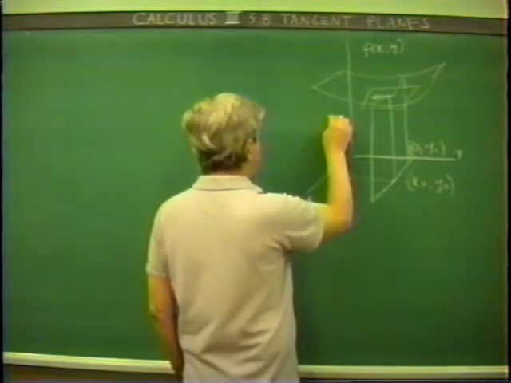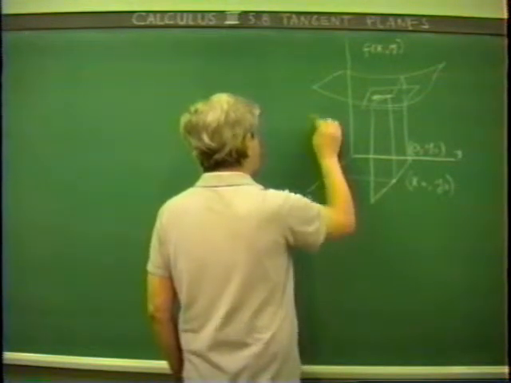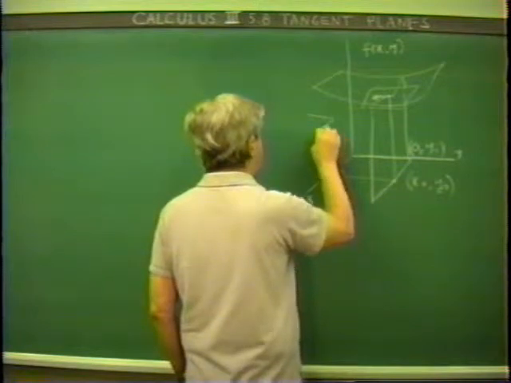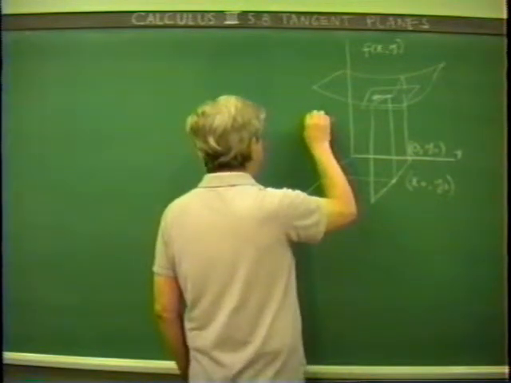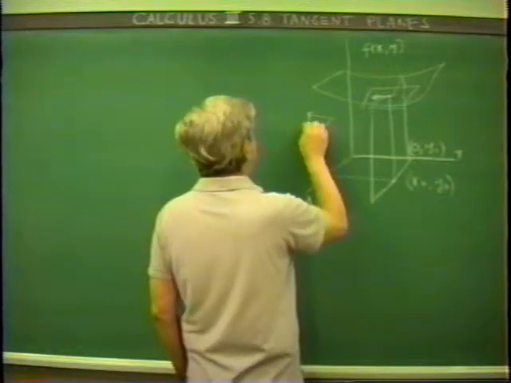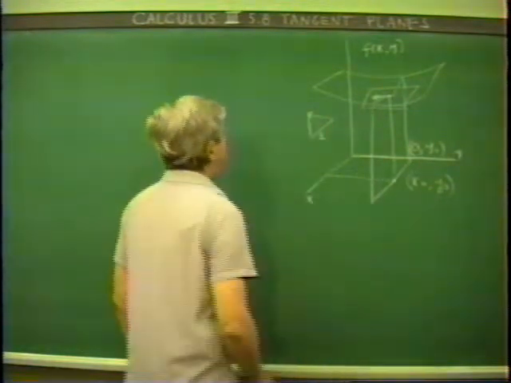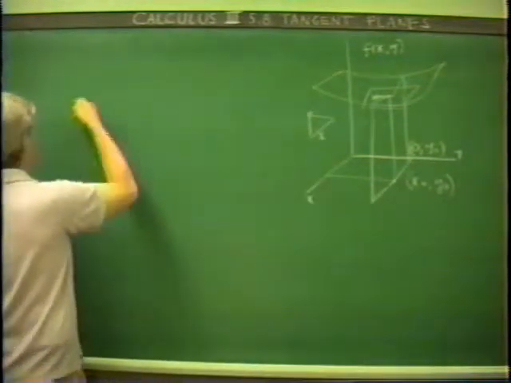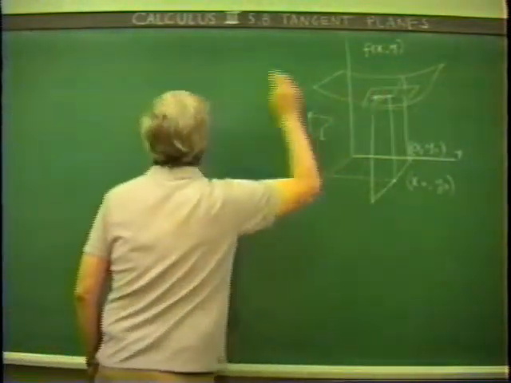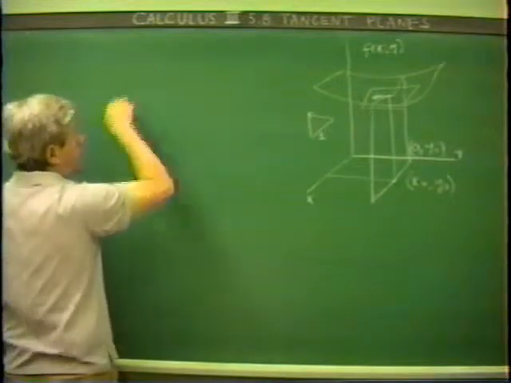Well, what does it look like? What it looks like is this. If we go over in the x direction this amount, let's say 1 unit, right? This vector right here ought to be, we have to go up in this direction, the partial with respect to x at x naught, y naught.